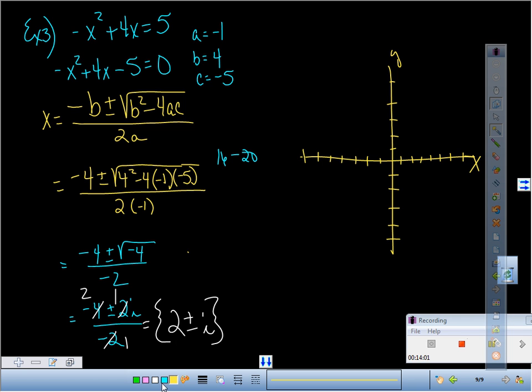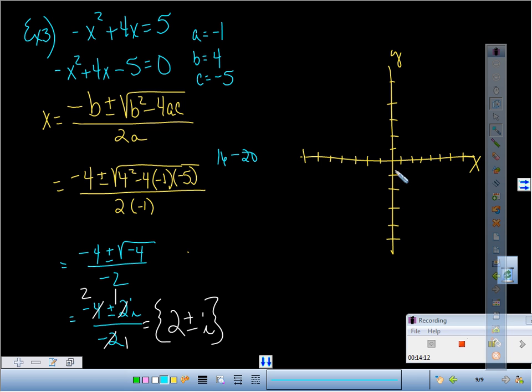Y'all listen to me, okay? This is what the other class did too, okay? This is the x-axis. This is the y-axis. Do you see up here any real and imaginary axis? No. This is the x-axis, and this is the y-axis, okay? This is not on this coordinate plane.